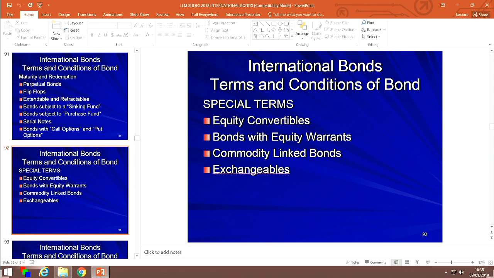So you could have gold-linked bonds, you could have oil-linked bonds, well, any commodity that is actually traded in the markets. What does the clause actually say?